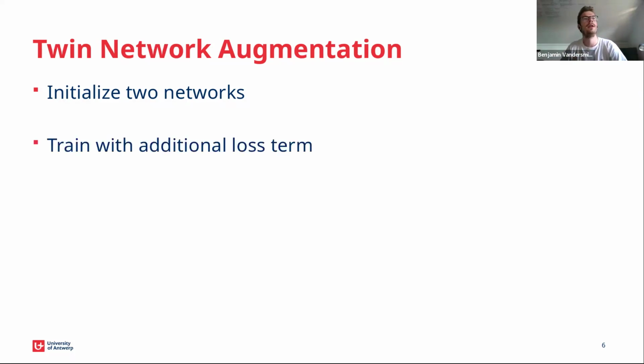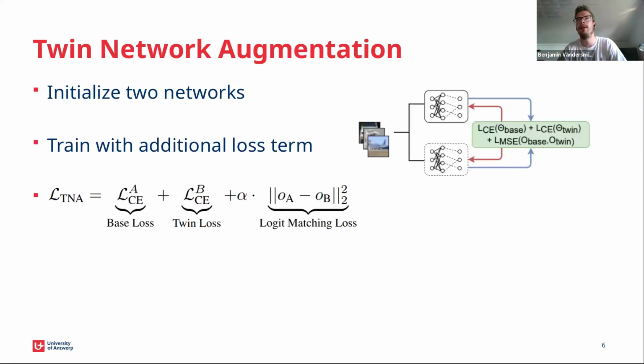The next step is we introduce an additional loss term, which matches the logits. And we also still optimize for the original problem. So in our case, we use image classification, which uses a cross entropy loss. So for each network, we optimize the cross entropy loss. And we also have an additional logit matching loss, which is just the L2 norm on the output logits.